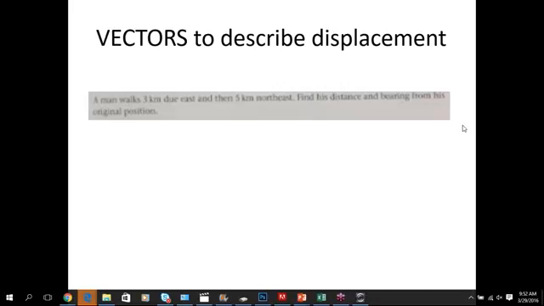So a diagram is always useful here. By starting with the diagram, you put a little arrow east, and then you put a little 3 to represent that arrow. And then from there, northeast.